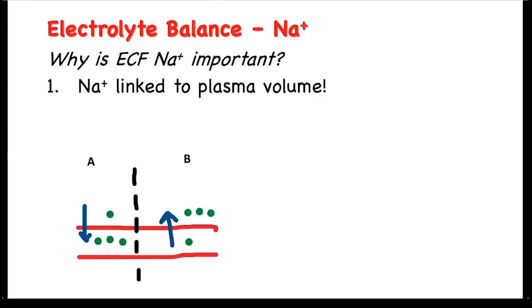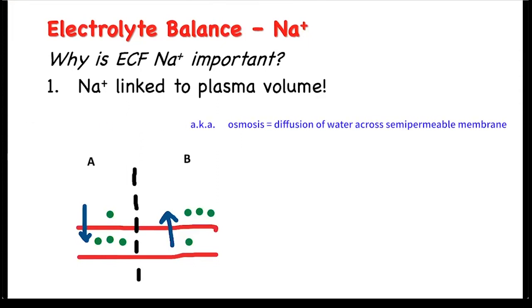The green balls represent sodium ions. On side A, notice that in the interstitial fluid, I have fewer sodium ions than in the plasma. That means that the interstitial fluid is hypotonic to the plasma, which is hypertonic. We can use those terms when describing osmosis.